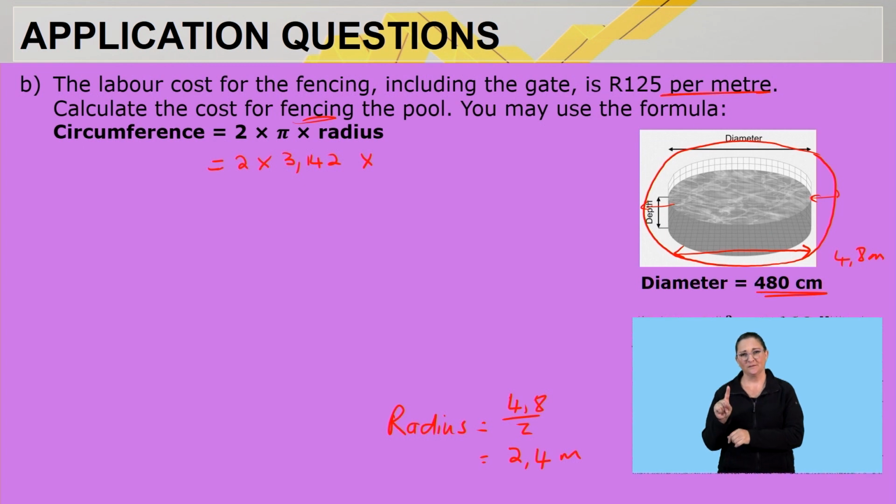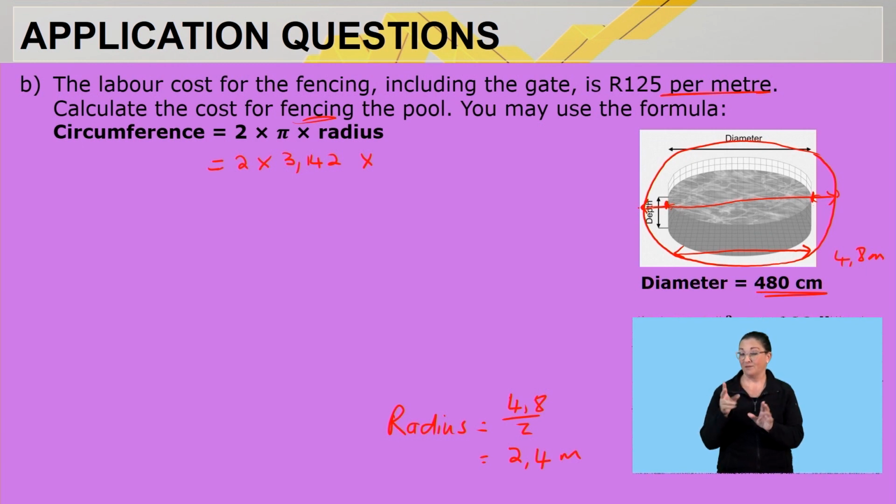So there we have, it's 2 on this side from the swimming pool and 2 on this side. So it's 2 meters plus the 4,8, this part to there, plus the 2 meters on the other side. So that will give us an entire diameter of 8,8 meters.